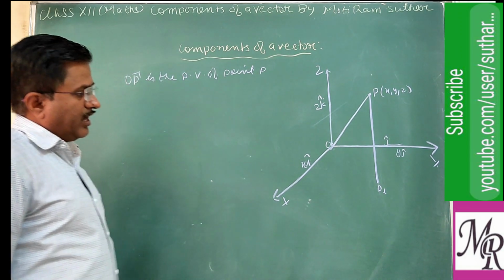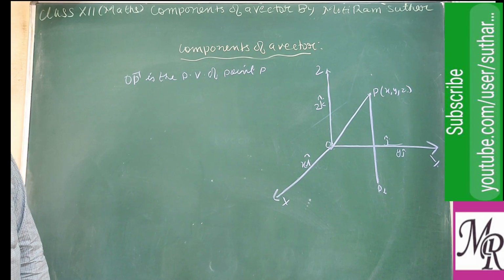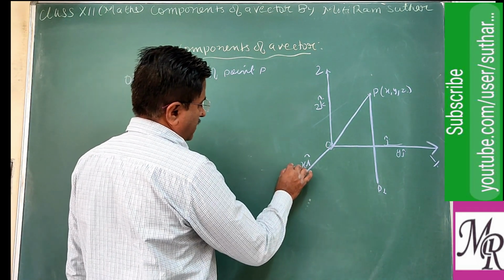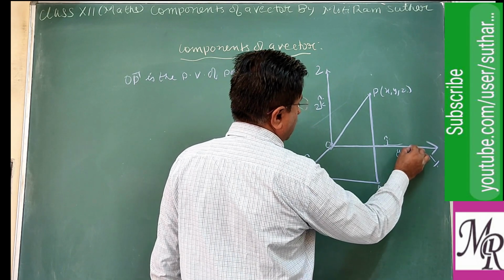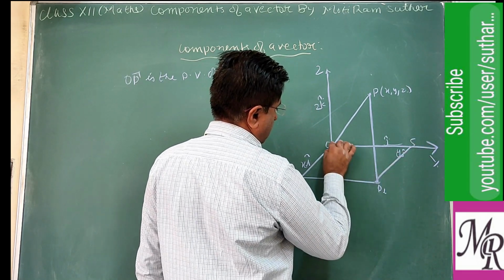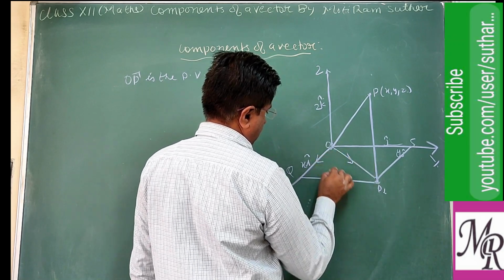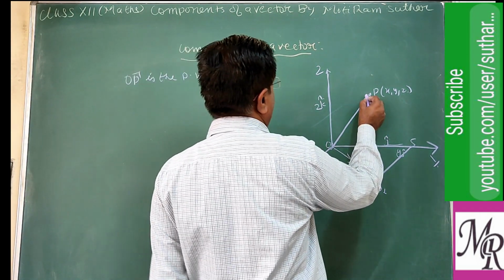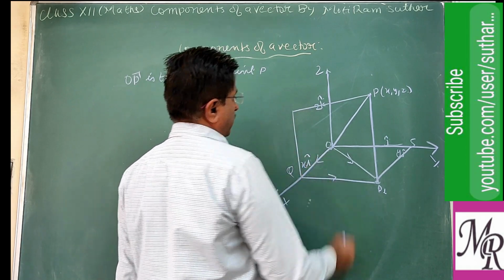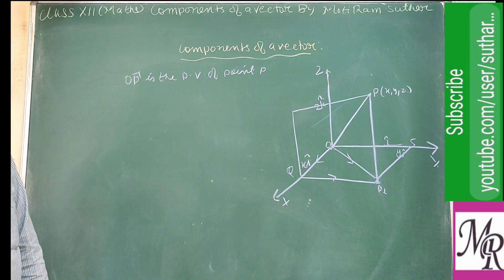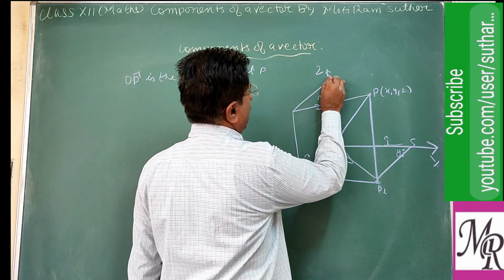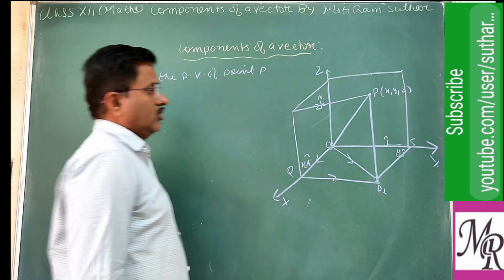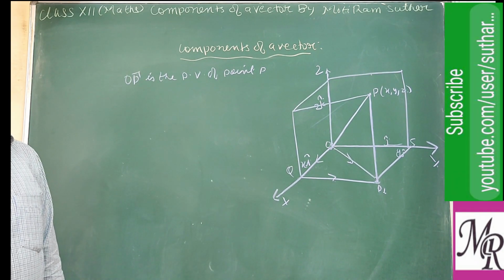Clear? And if you take points on the coordinate axes, Q and S, if you take Q here and join this, here we have S, like this. If you take the vectors OP1 and make a parallelepiped in this way, join this to make the parallelepiped, or cuboid in simple language.